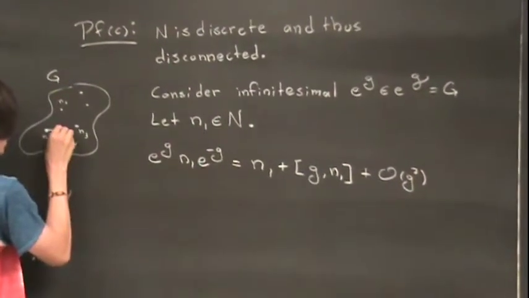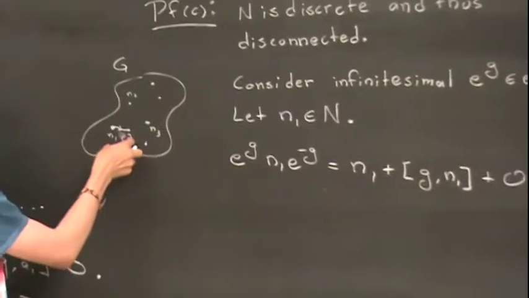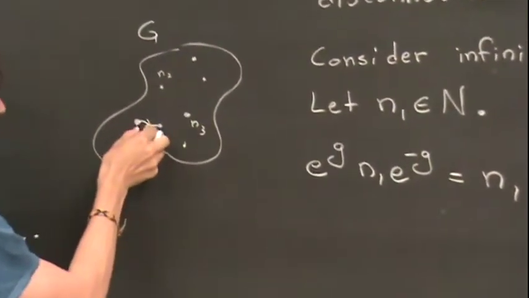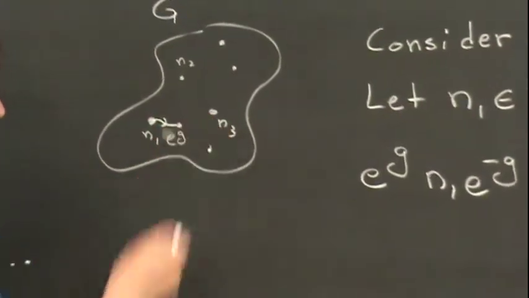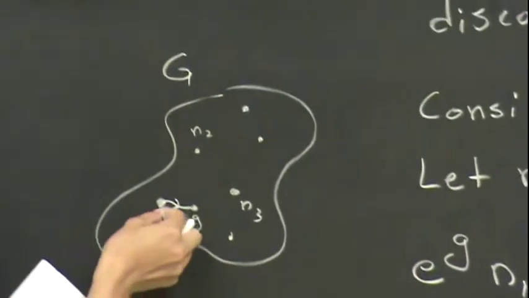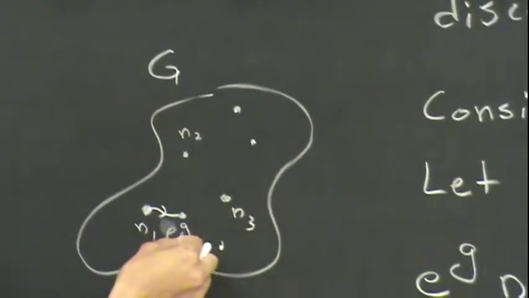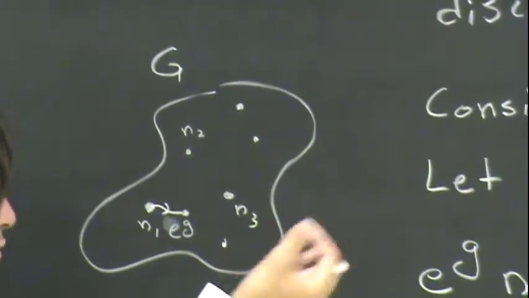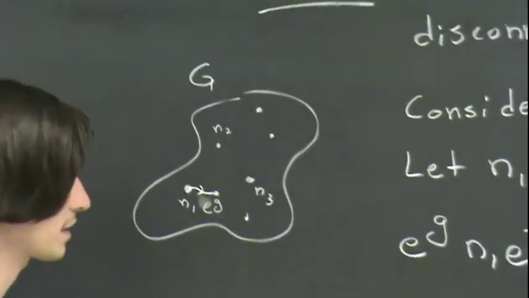But the issue is that if this is infinitesimal, there's no way this can take us from one component to another component, right? If there was an element that's close enough to n1 that it can be achieved by some small e to the g, I can always choose a smaller e to the g, such that it doesn't shift me far enough over in the group to get to the other element, right?